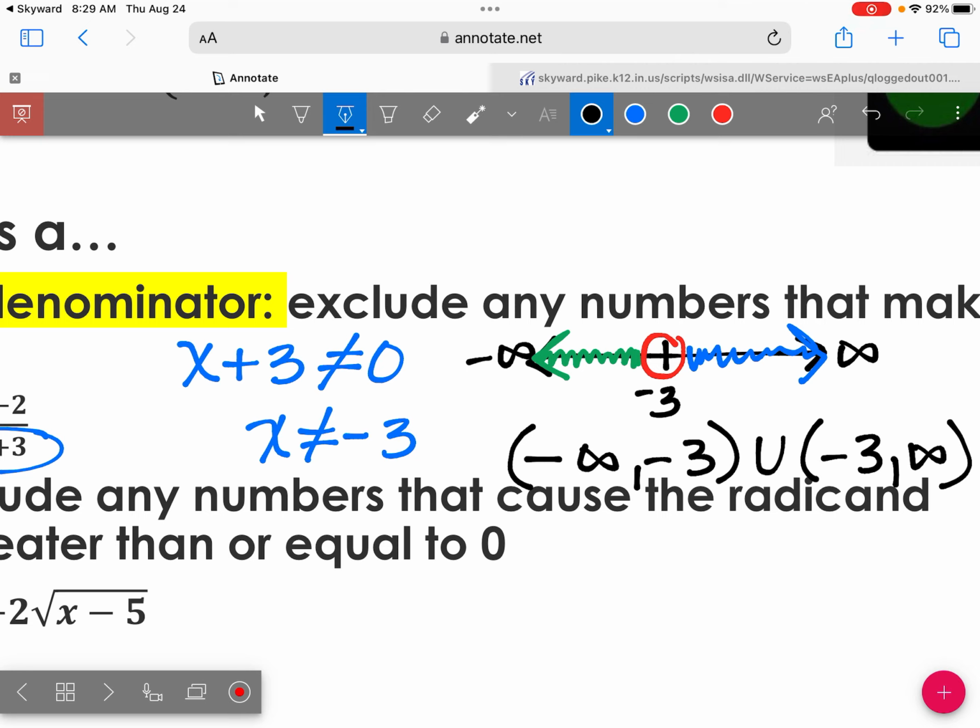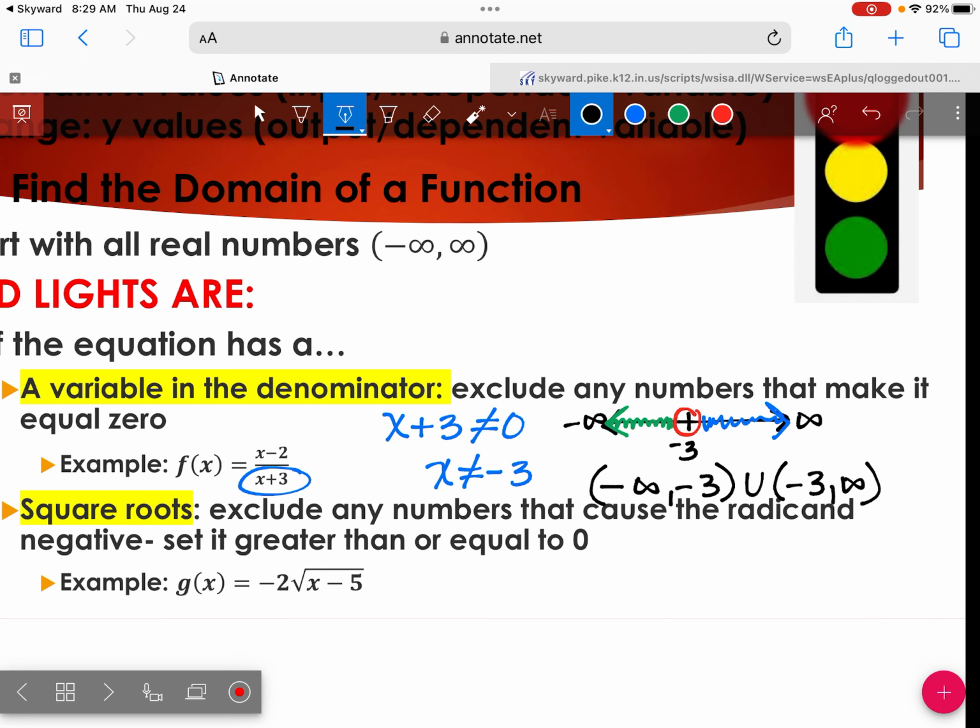The second red light that we look for is what we would call a square root. A square root, not a cube root. If this was y equals negative 2 cube root of x minus 5, that has a domain of all real numbers. That is okay.